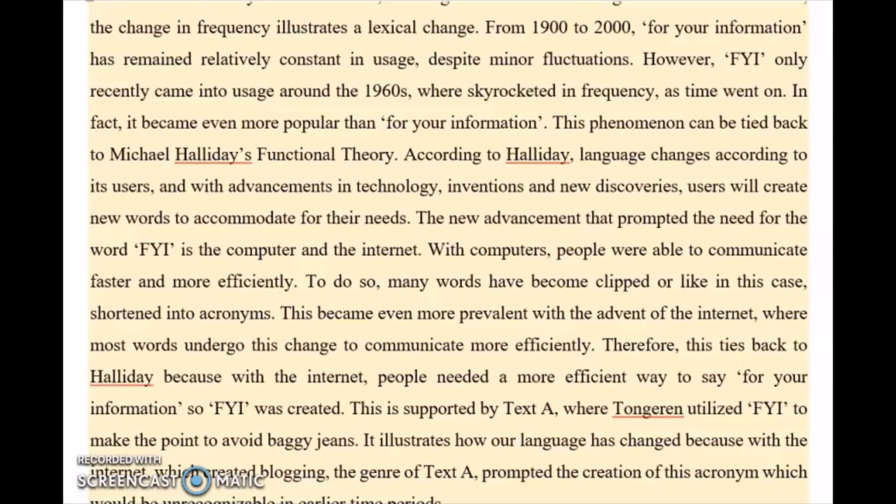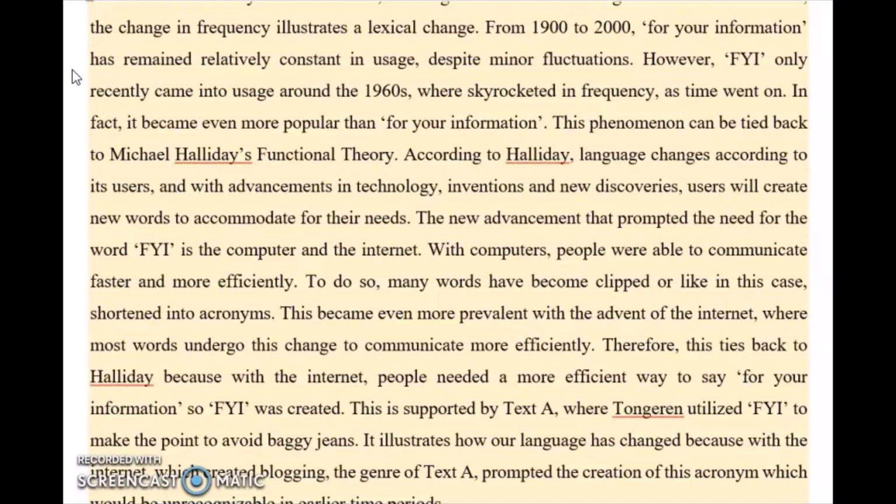You must talk about the time period which shows a fluctuation in its usage and the reasoning behind that fluctuation. For example, from 1900 to 2000, "for your information" has remained relatively constant in usage despite minor fluctuations. However, FYI, the shorter form, only recently came into usage around the 1960s, and skyrocketed in frequency as time went on.